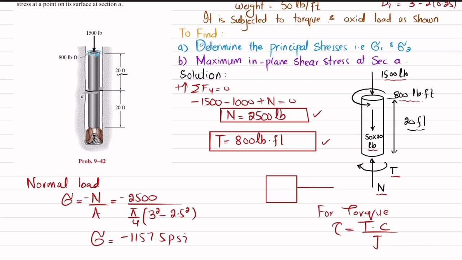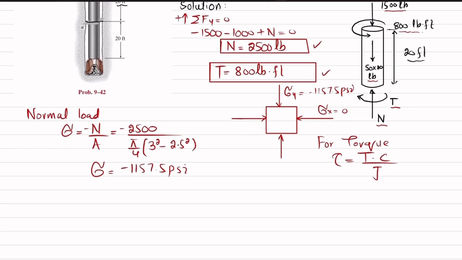So if you represent it on a state of element, there is no stress in x direction, so sigma x will be equal to 0, and in y direction this is compressive stress, so sigma y will be equal to minus 1157.5 psi.